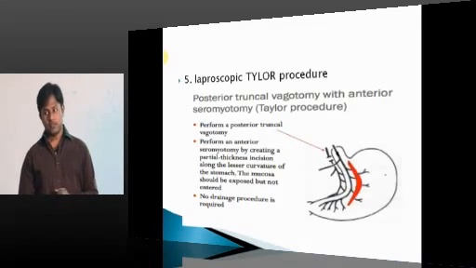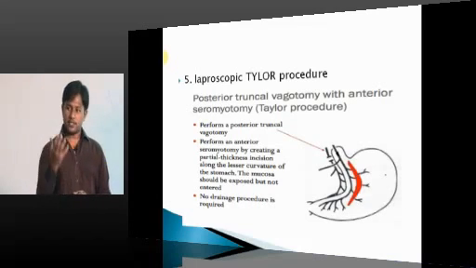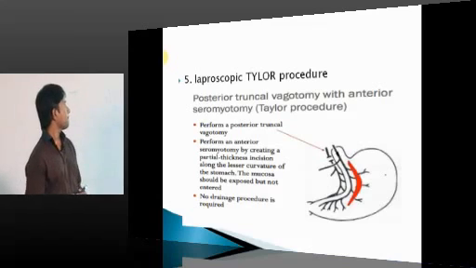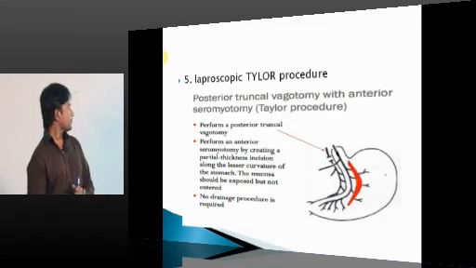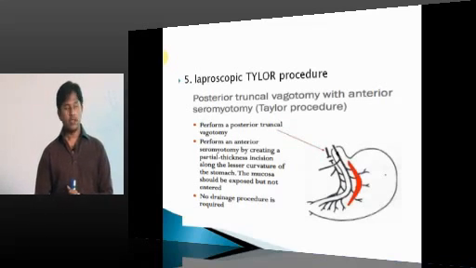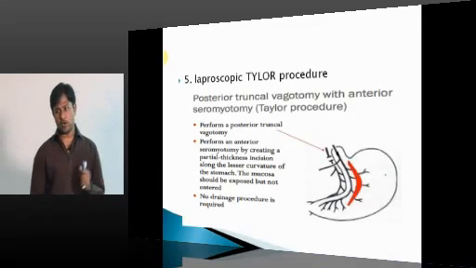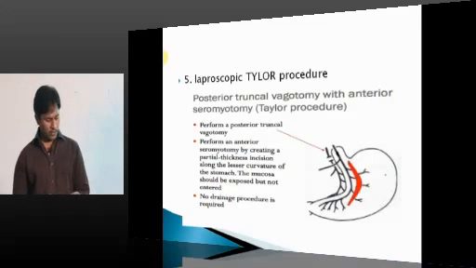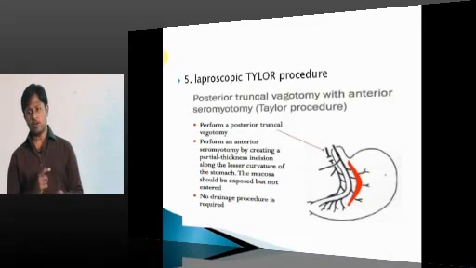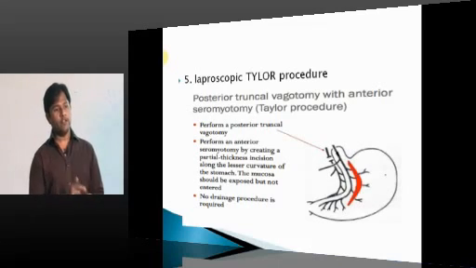Okay, this is a commonly done procedure, and this also decreases the chances of forming an ulcer. Posterior truncal vagotomy with anterior seromyotomy. What is happening in a case of seromyotomy? Why do you use myotomy? Where did we use myotomy?